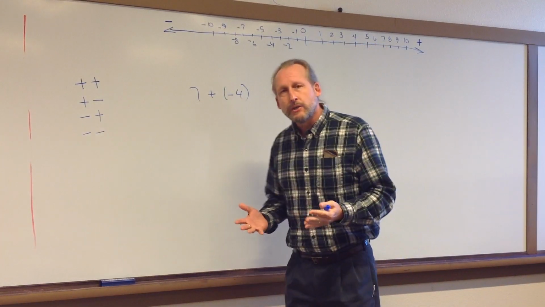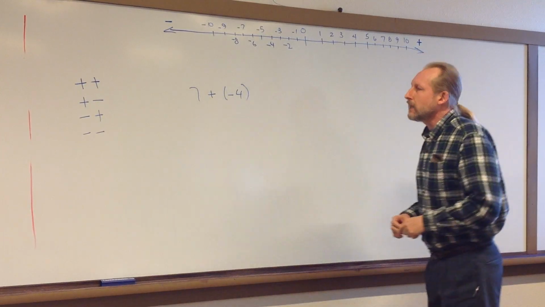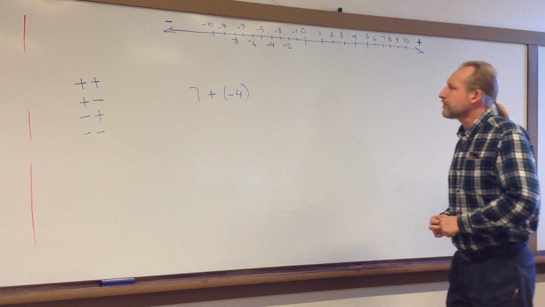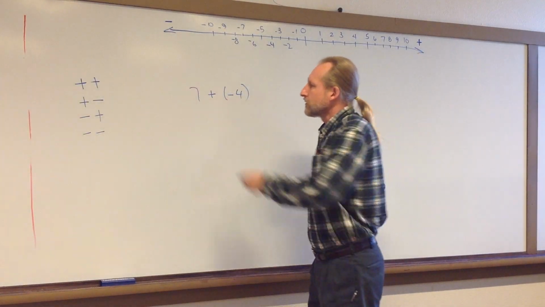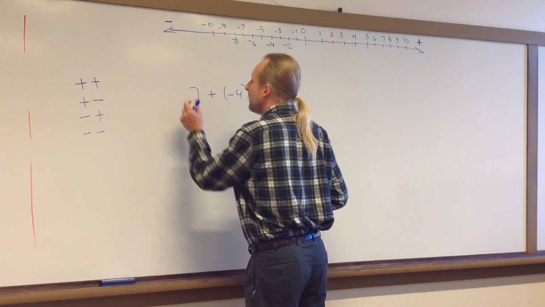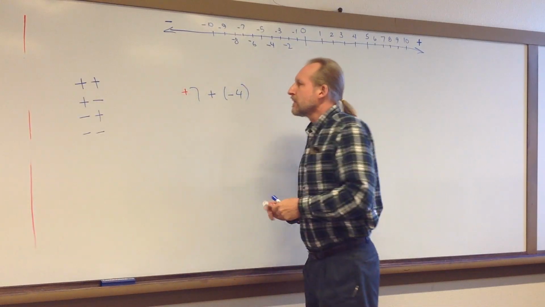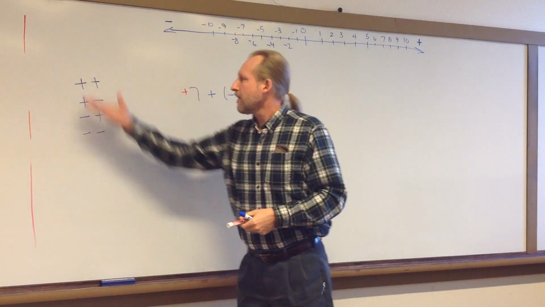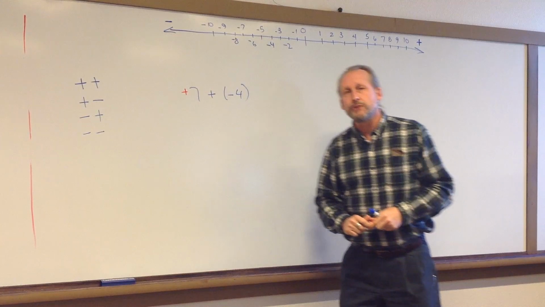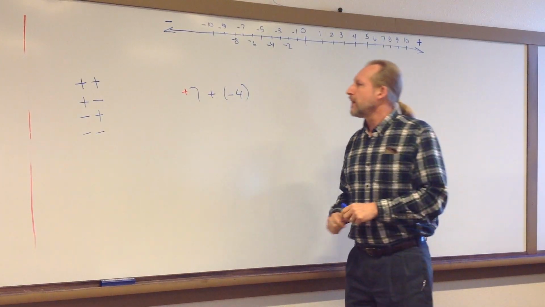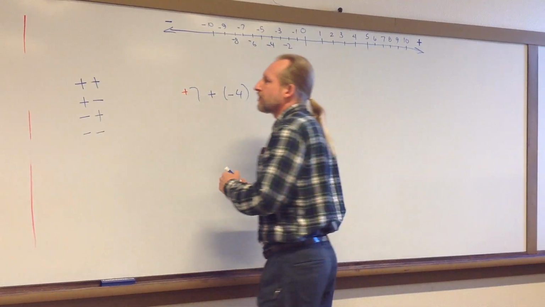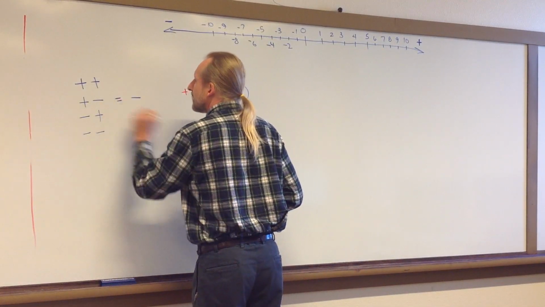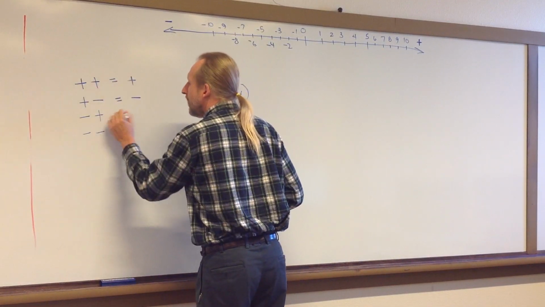Takes a little bit of getting used to, but in the end, I think that it works out pretty well. So here you can see this is a 7. There's no sign in front of it, so we know that it's a positive 7. This is only for if you have two signs right next to each other, or if you're multiplying and dividing. So here's your two signs, positive and negative. That turns into a negative.